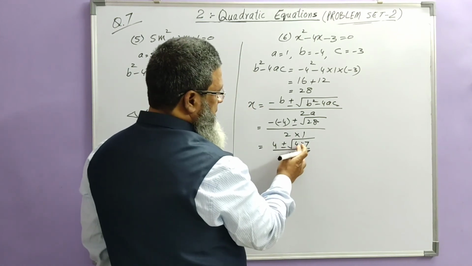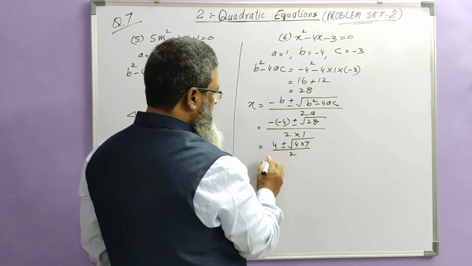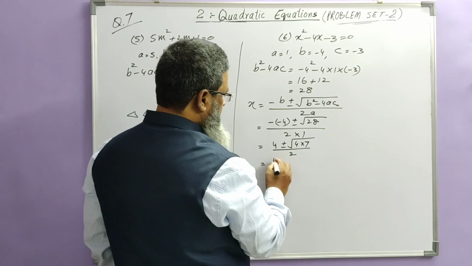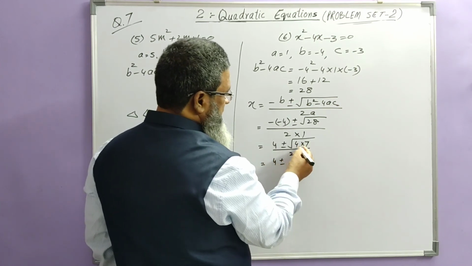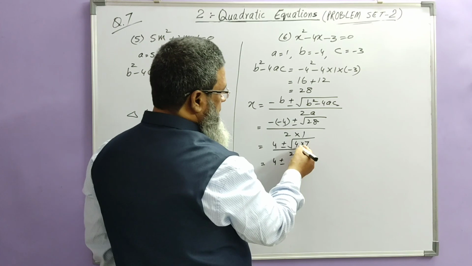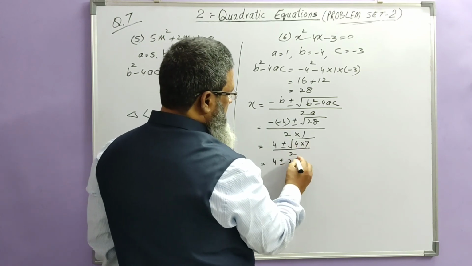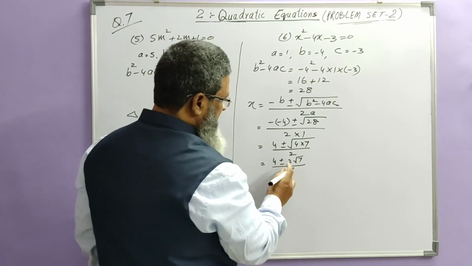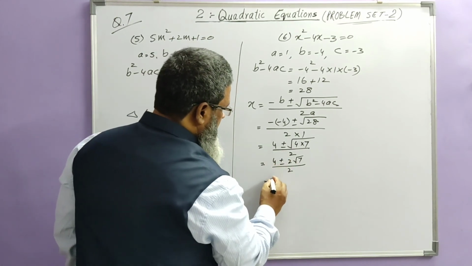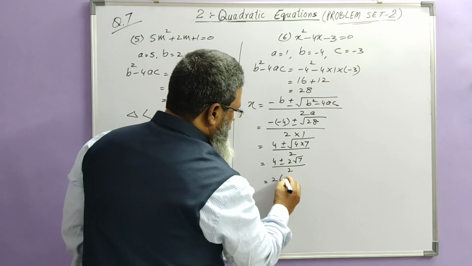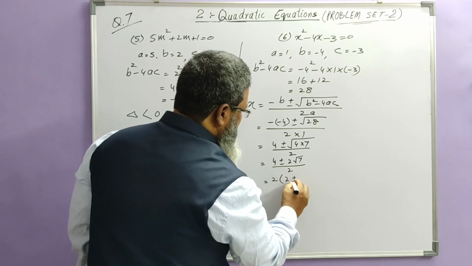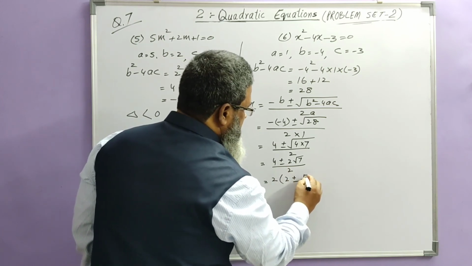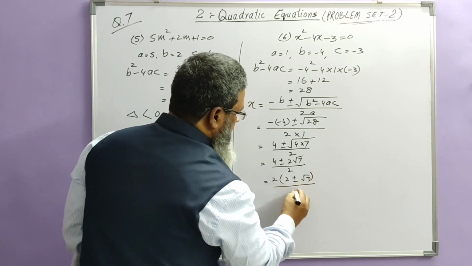Take 4 outside the root and you will get 2. 4 plus minus, if you take 4 outside the root, it will become 2 root 7 upon 2. Take 2 common, you will get 2 plus minus root 7 upon 2.